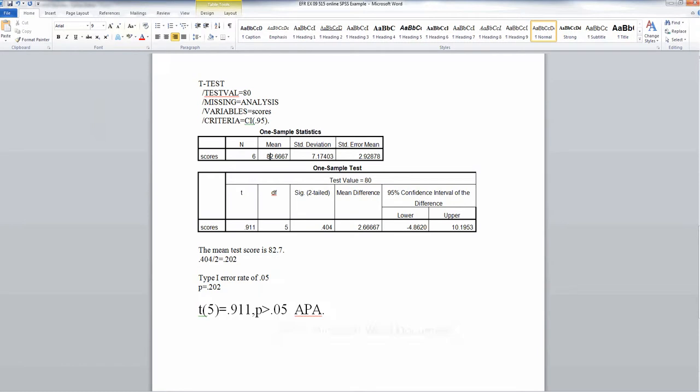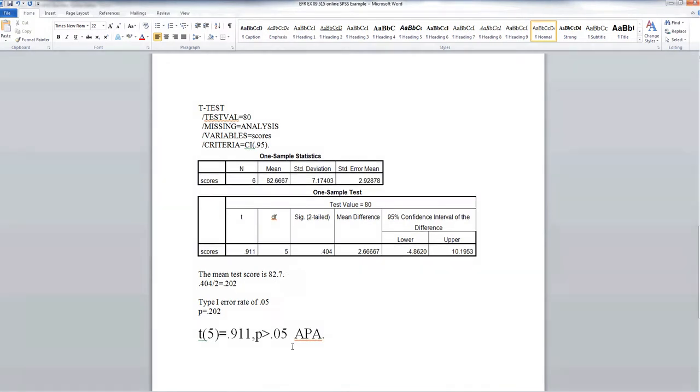We ended up with 0.202, but that was still greater than our type 1 error rate of 0.05. So we said p greater than 0.05, failed to reject the null, and that's how we'd write it up. The score was 82.7, but it was not statistically significant.